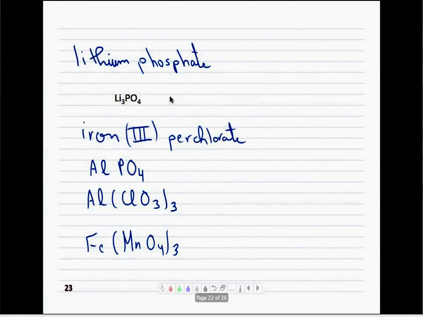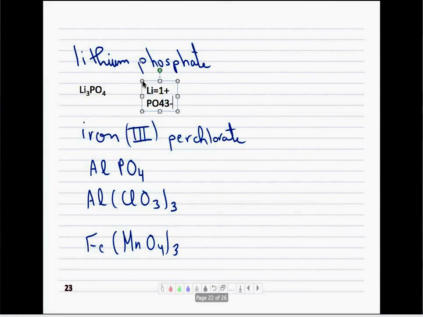So, lithium. Look, where is lithium? Lithium is group 1A. So it's going to have 1 plus because it's going to lose 1 electron to look like a noble gas. Then phosphate, PO4, 3 minus. Then you look, okay, we have 3 minus and 1 plus.